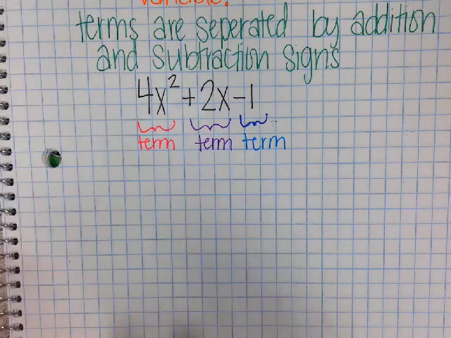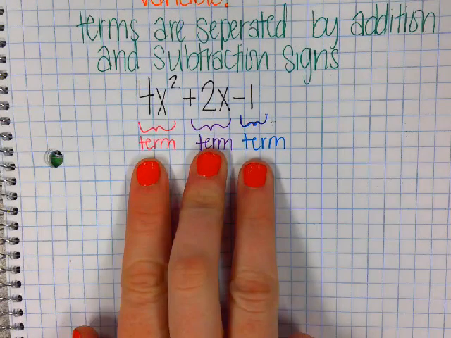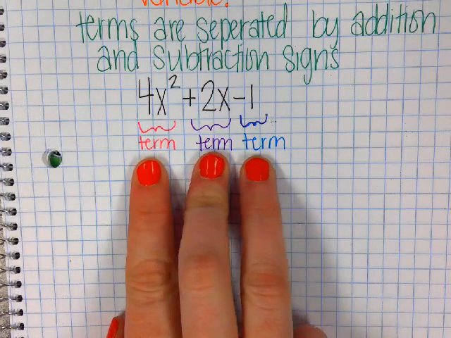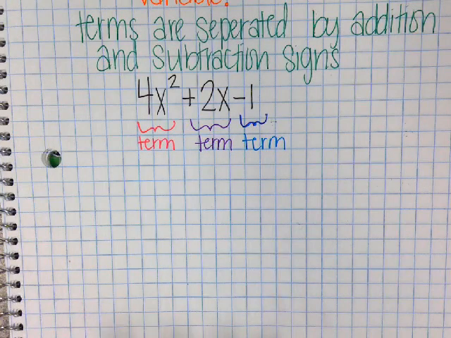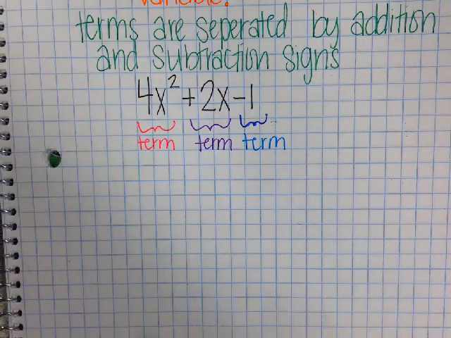So if you look at this, there are 3 terms in this. We do classify polynomials by the number of terms.